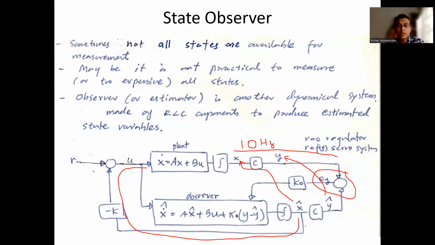Then over here, you have this loop. Y hat goes over here and comes over here and goes into that one and produces X hat. This loop works at probably 100 hertz or more, maybe 1 kilohertz, 1000 hertz.